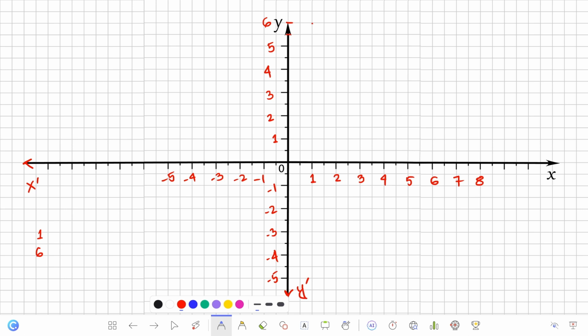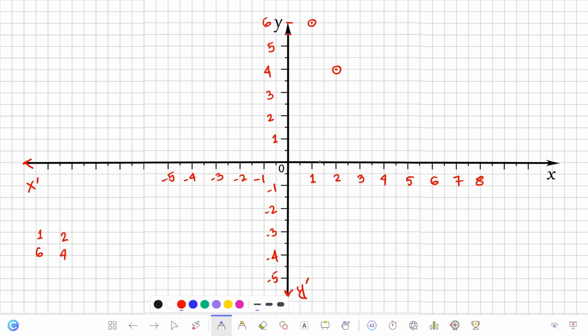So this will be our first point. Then 2 comma 4, the second point was 2 and 4. So along the x-axis we will travel 2, and along the y-axis we will travel 4. It should be this point, right? So 2 and 4, there goes our second point.